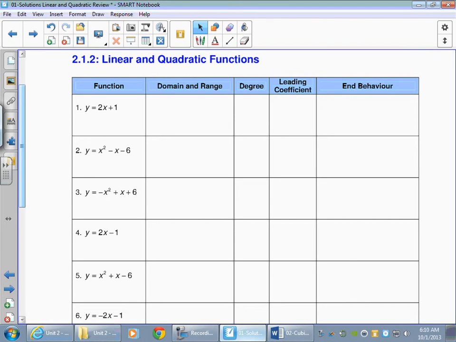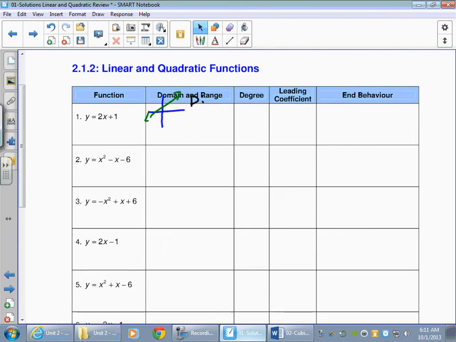And then basically this is an observation table. So sort of going across here, domain and range. When we looked at the first one, the graph, let me sketch it super quickly here, looked something like this. So domain, I'm just going to move those over.